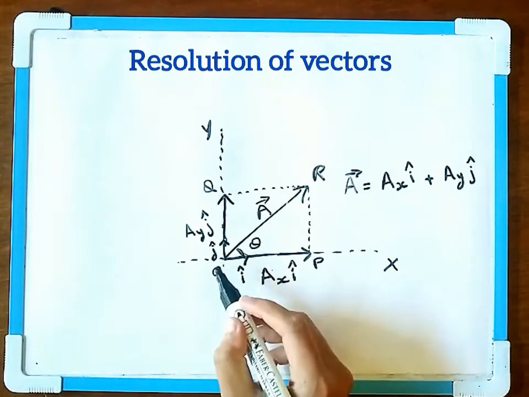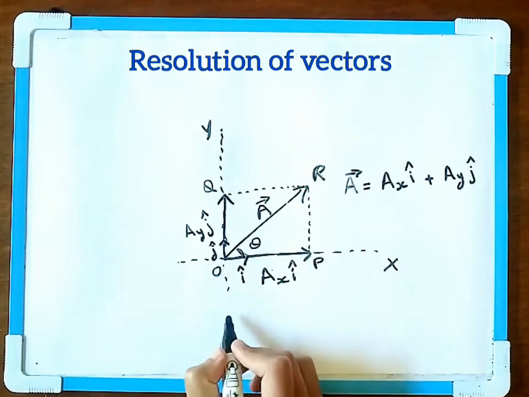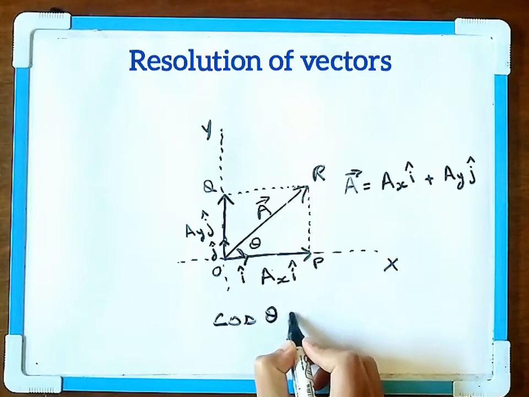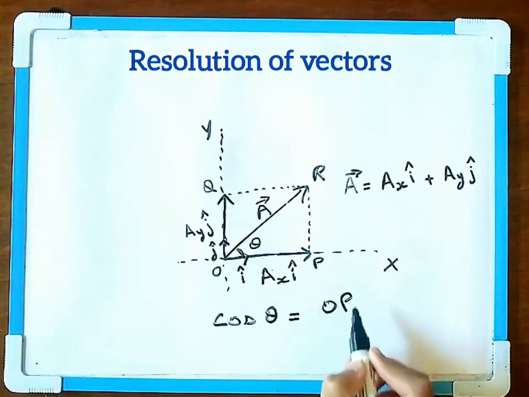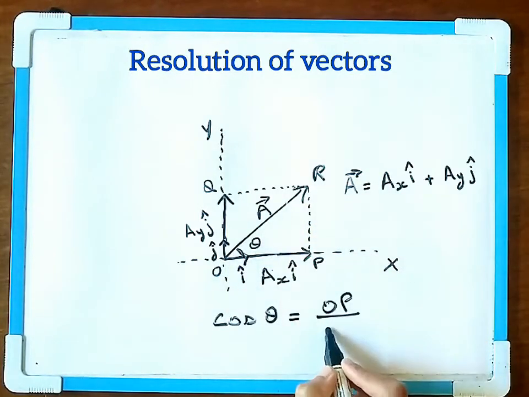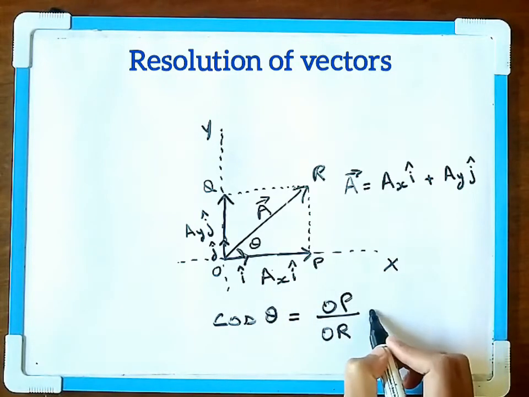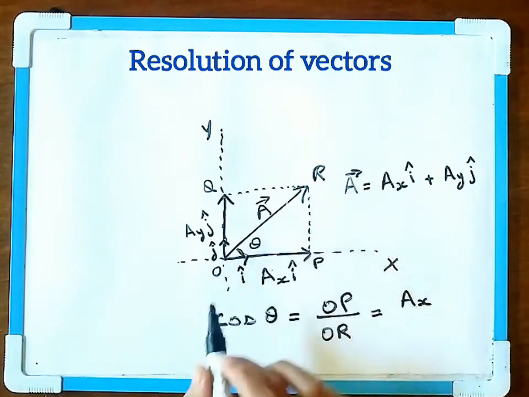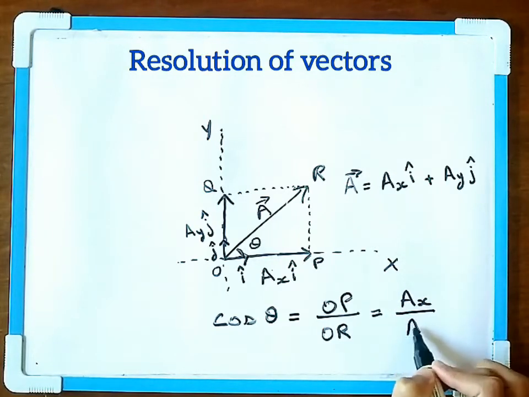So here in this triangle ORP, the cos of theta is equal to the base, which is OP, divided by the hypotenuse, which is OR. And this OP is the magnitude of the ax vector, which is this ax. And this OR is the magnitude of the a vector, denoted by a.